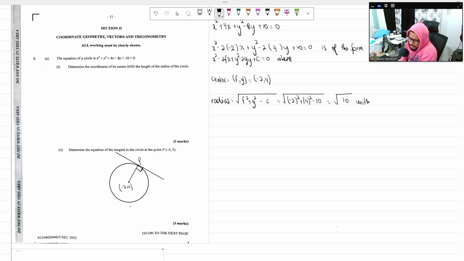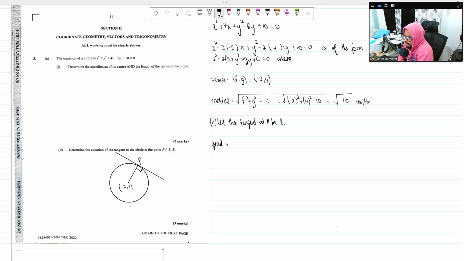I have to calculate the gradient of the radius, flip it to get the gradient of the tangent, and then use the point P to calculate my equation. So, part 2, let the tangent at P be, I like to use L1.